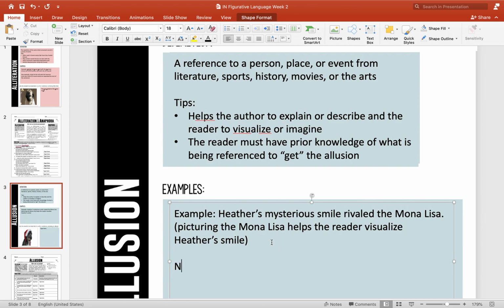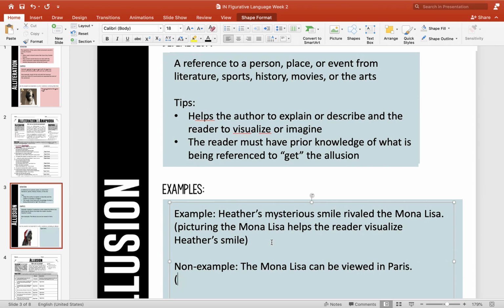All right, and then a non-example would be something like: the Mona Lisa can be viewed in Paris. And here's the problem with that. This sentence just states a fact about the painting, but it doesn't use it in order to explain or compare to anything.